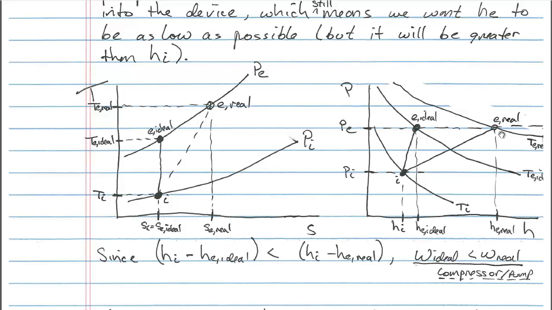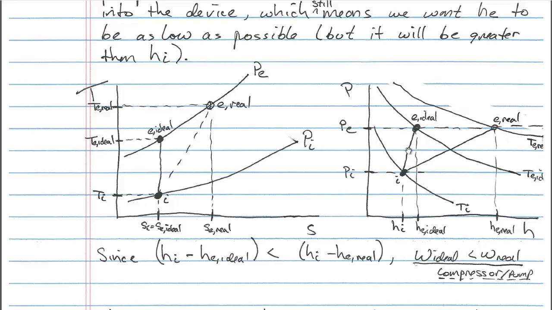okay? But in this analysis, remember that we fix that exit pressure. That exit pressure is a fixed boundary condition. So your thinking is correct, but where it manifests itself is in this work term, okay?